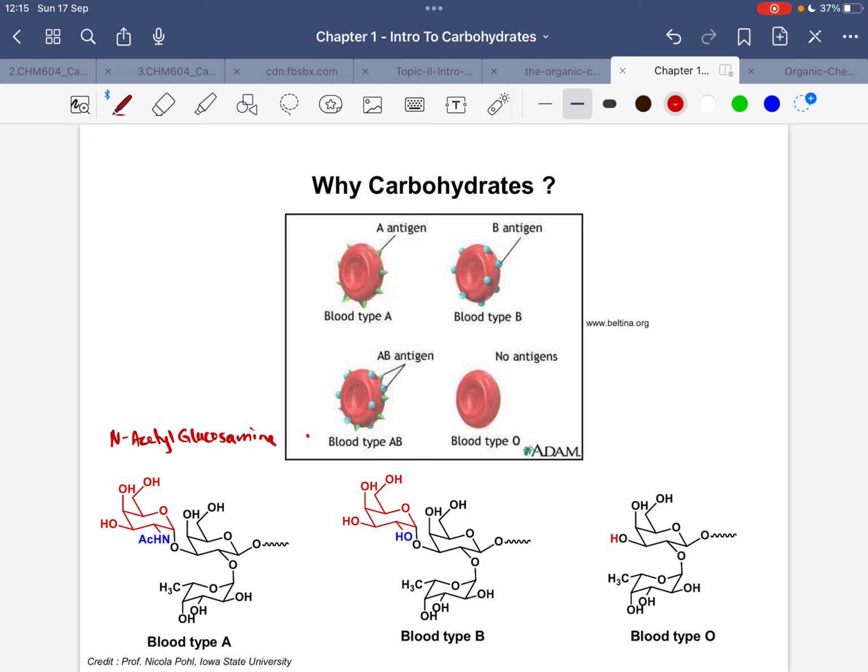Whereas si blood type B, ang iyang third sugar unit is galactose. Si blood type O, wala siya third nga sugar unit. So mao ni ang differences nila, and it's all because of the carbohydrate component.